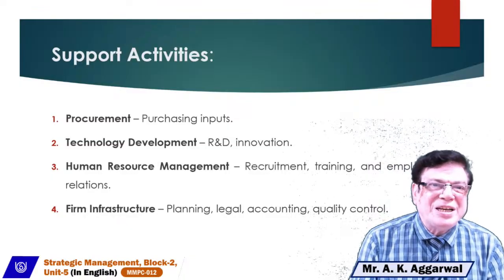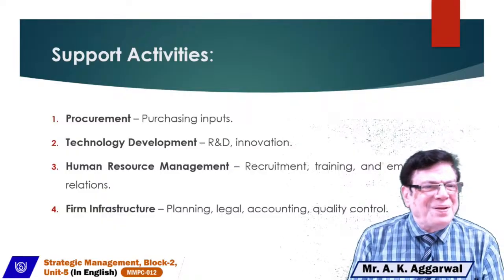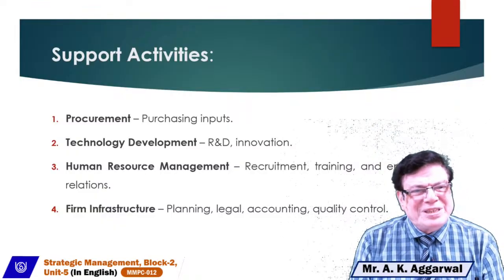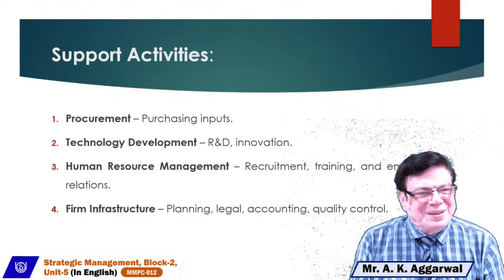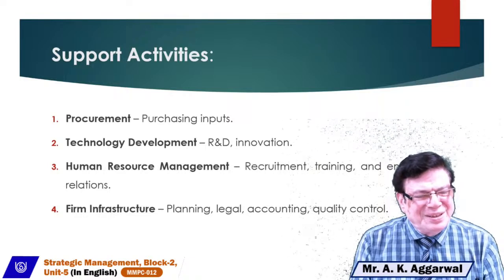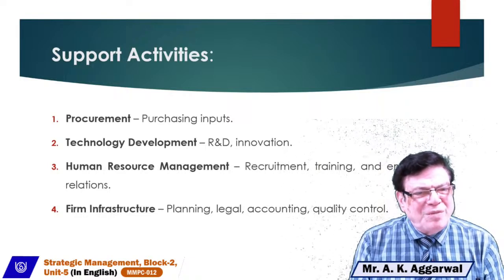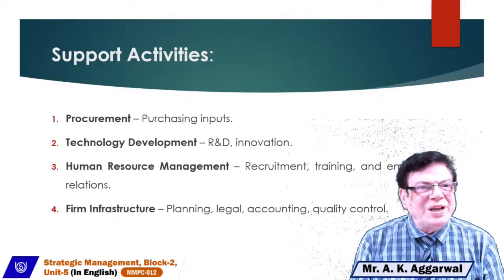So under support activities: procurement, purchasing inputs; technology development, research and development, innovation; human resource management, recruitment, training and employee relations; and the next is firm infrastructure, planning, legal, accounting, quality control.